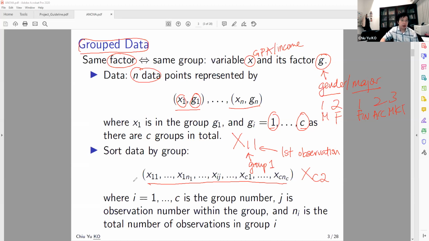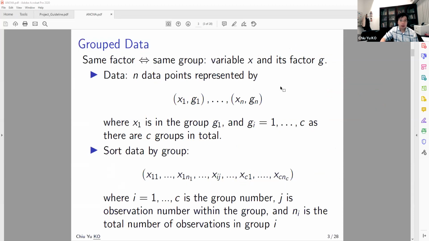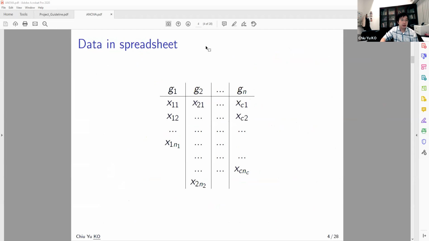Now, this is what the notation means, but usually what you have is the following. Okay, so what you have is like this, the data. Say you have male and female, for example. Or maybe it's better to use 3 categories, because I want to give the impression that it can actually be more than 2.